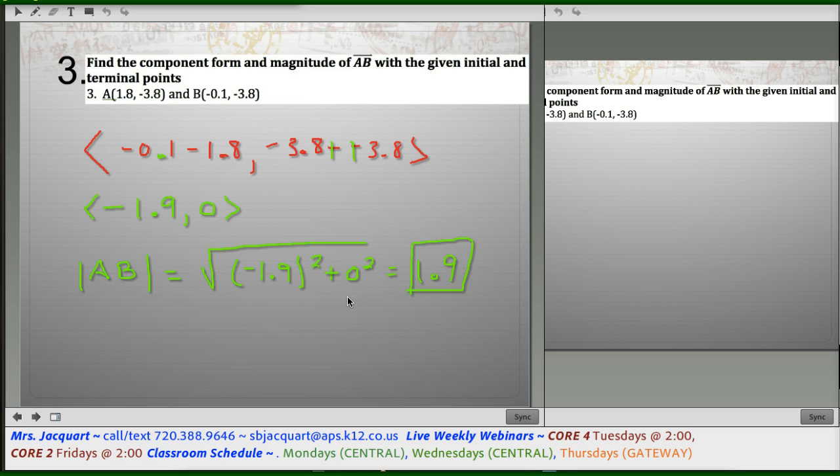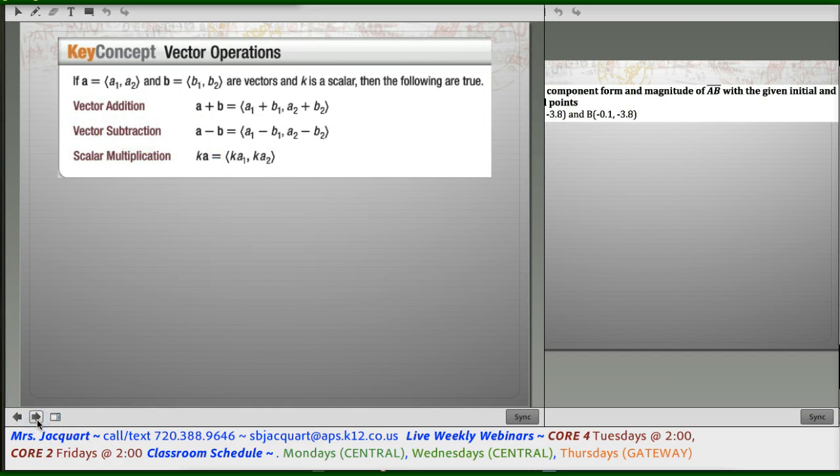So this is the magnitude. And this is component form. Cool.